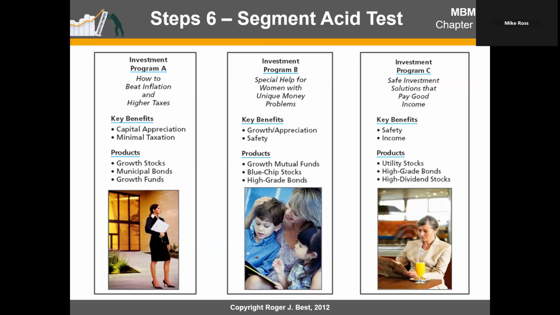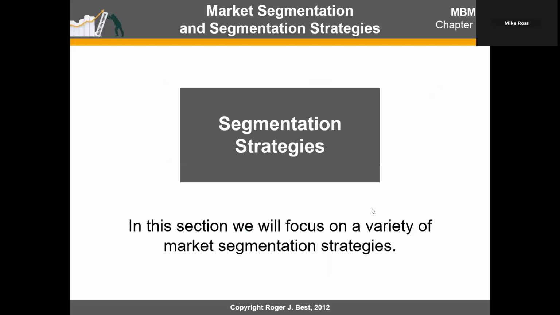So maybe I'm a little bit safer. I'm focused on safety versus capital appreciation and growth. So again, that is the litmus test or the acid test around can I build a story, and how well can I build a story around each one of those segments.